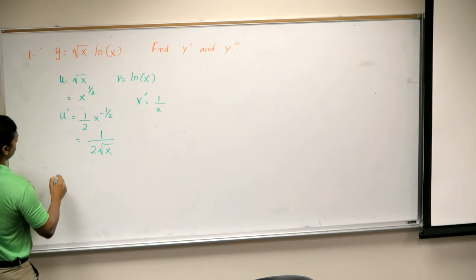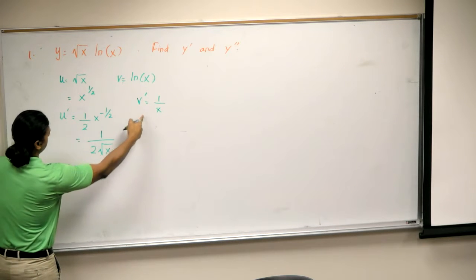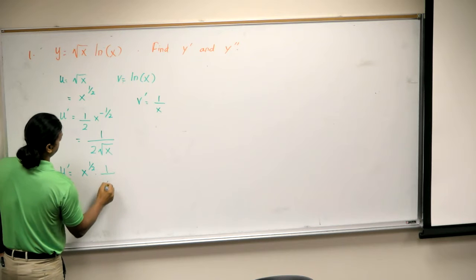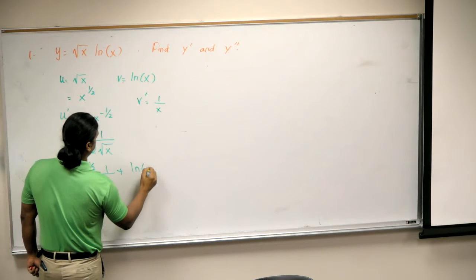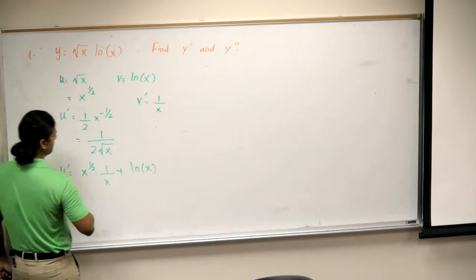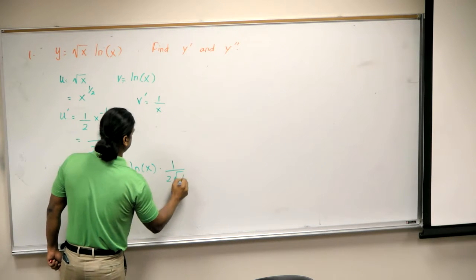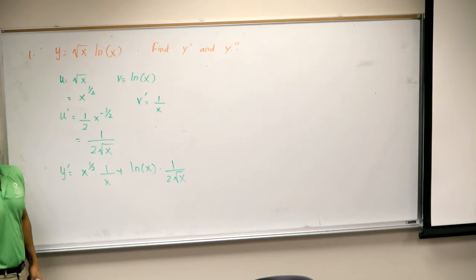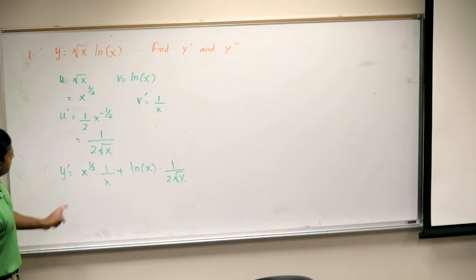So y prime equals u v prime plus v u prime. And you may say, I'll just keep it as is and proceed with finding the derivative.